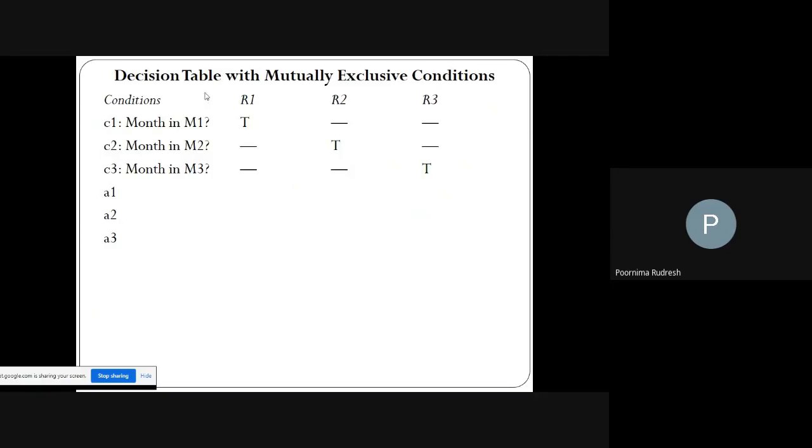For that we define three rules, R1, R2 and R3. If month in M1 is rule 1, then the other two rules are don't care, because we are not considering them. Similarly, for month in M2, if R2 is true, the other conditions we are not considering. Similarly, for M3, if R3 is true, then the other two rules we are not considering.